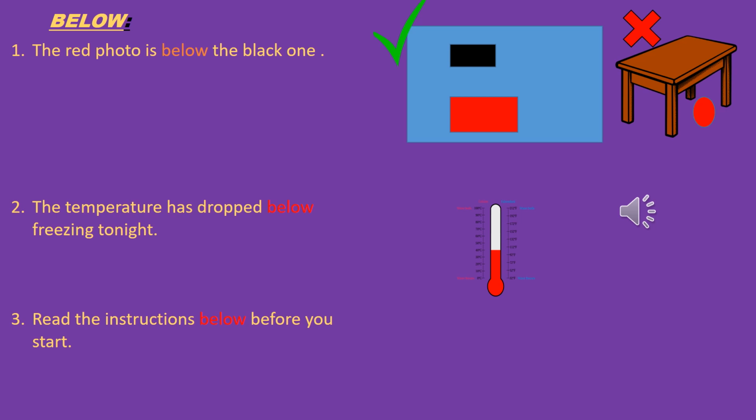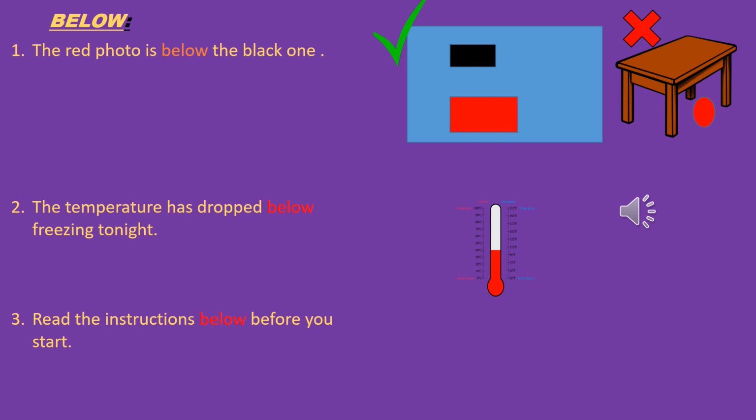Now, example number 2. The temperature has dropped below freezing tonight. In the previous slide we have seen that I said that for numbers we can use under when that is in downward position, and I also mentioned when that is talking about temperature. But yes, here I'm using below. Why not under?